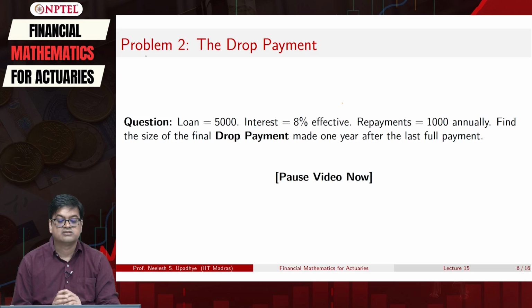Okay. So now I hope you have understood. You have to calculate how many payments you have to make, and then what will be the last payment. So think about it, pause the video, try to solve the problem in 3 to 5 minutes. I will see you on the next section.